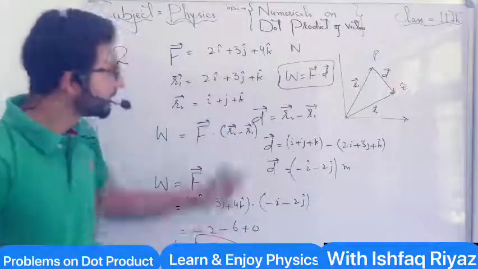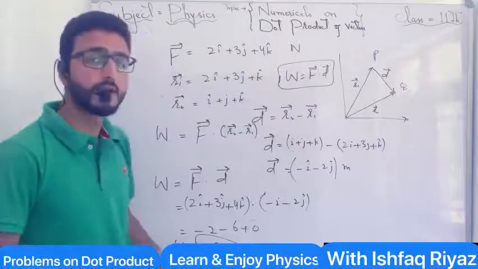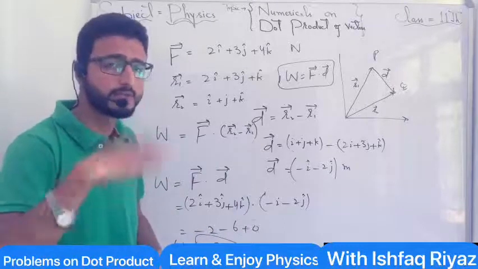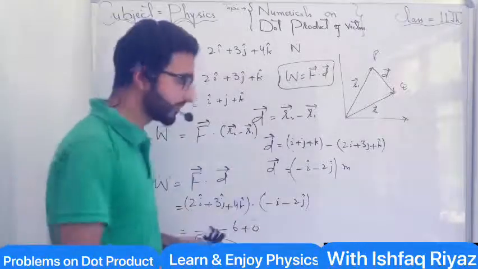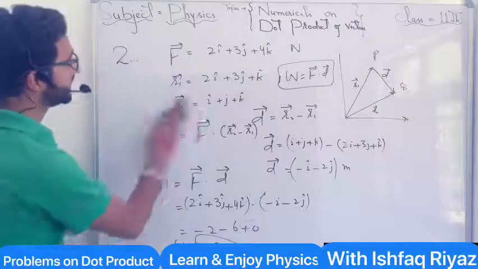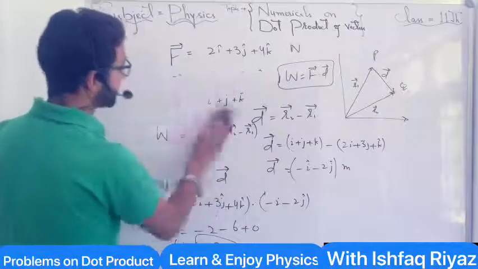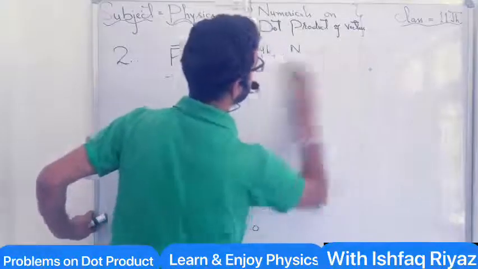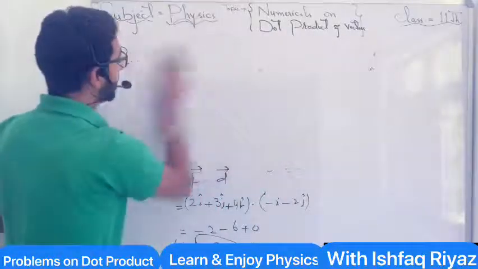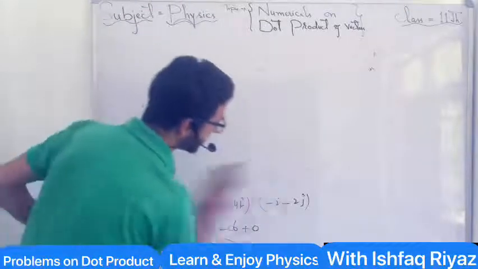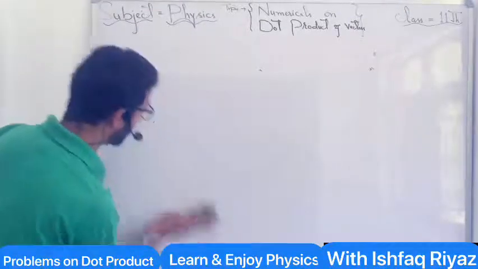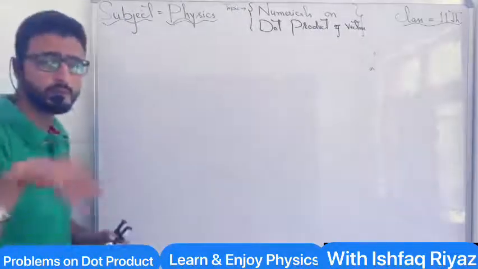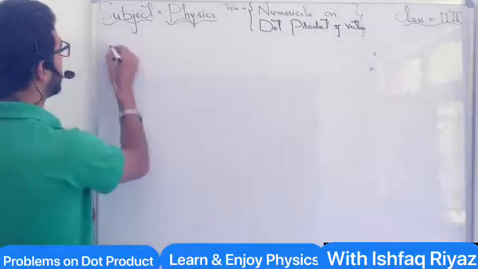So this is basically an application of the dot product of vectors. We are able to calculate the work done by a force in terms of the dot product of force and displacement. Now let's try to solve a few more questions regarding the dot product of the vectors.